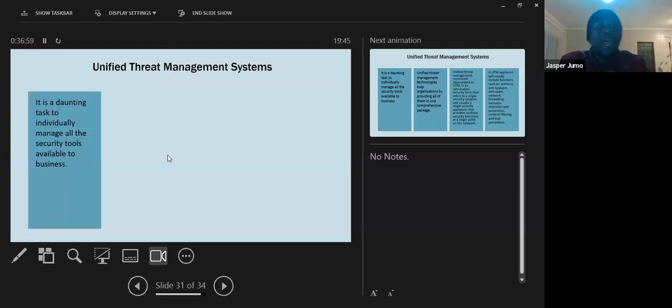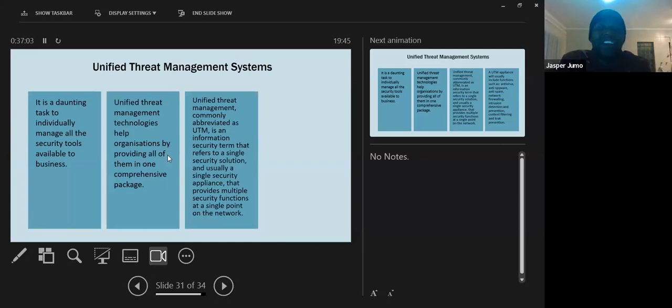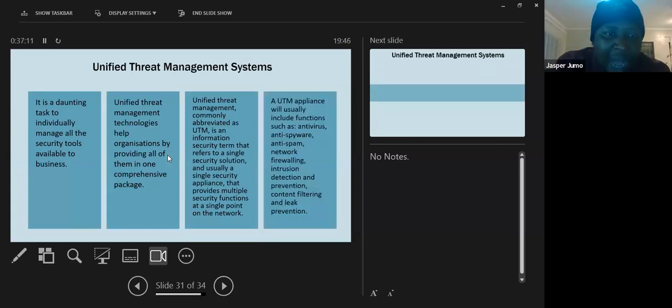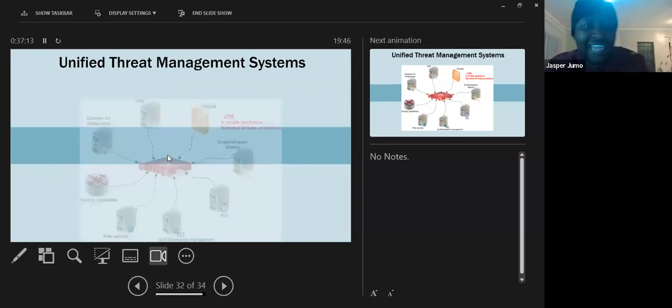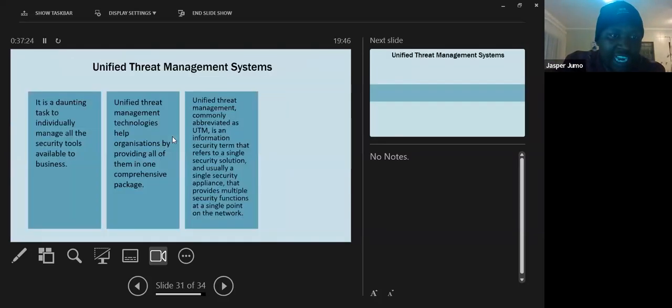Then there's what we call a unified threat management system. Generally, when we are talking about UTM, it's more like a hybrid appliance. Why am I saying it's a hybrid appliance? Instead of buying a firewall separately, an IDS separately, a router, you remember the diagram that I showed you, right?